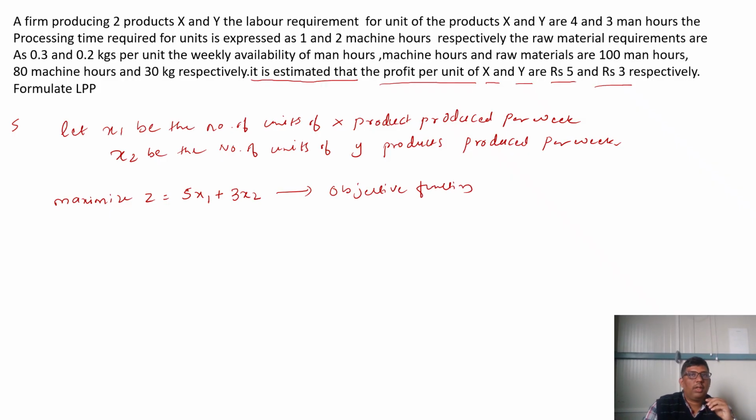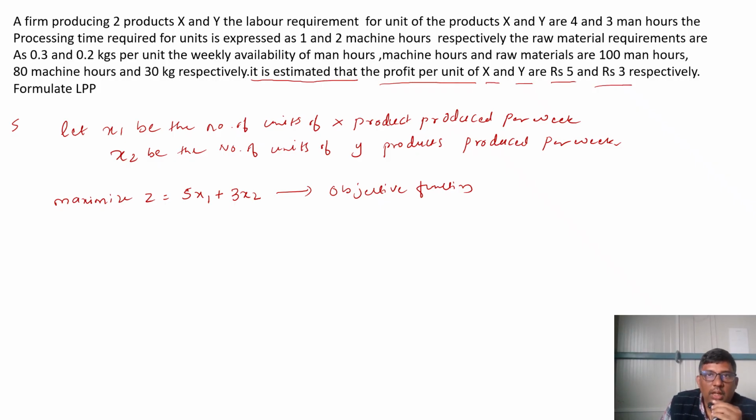Next we have to identify the constraints. What are the constraints here? We have constraints over three different things: one on machine hours, one on man hours, and one on raw materials. So we are going to get three constraint equations. Coming to the first one, the man hours: the labor requirements for the units of products X and Y are 4 man hours and 3 man hours.